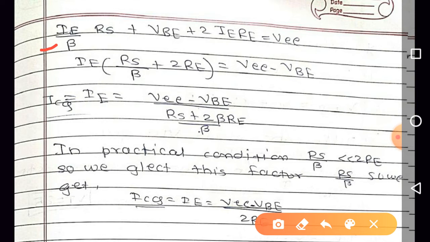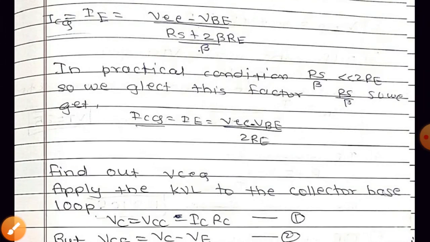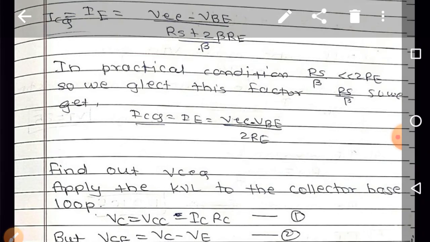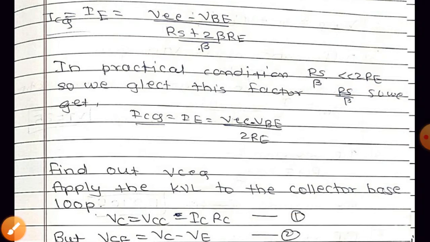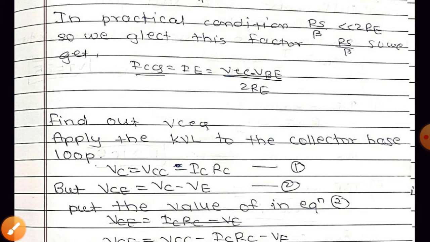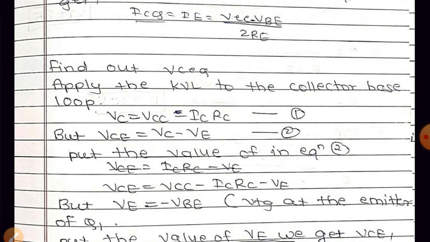Rearrange this equation. In practical conditions, RS upon beta is very small compared to twice RE, so we neglect this factor. So we get ICQ is equal to VE minus VBE upon twice RE.